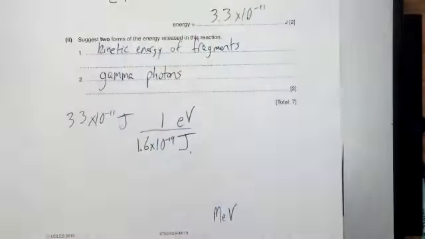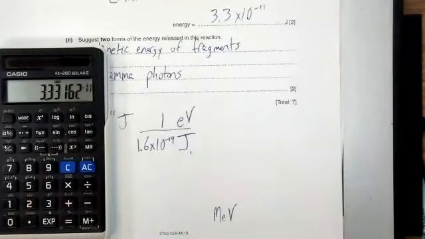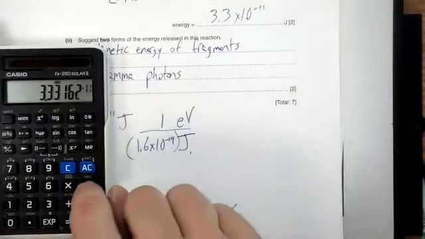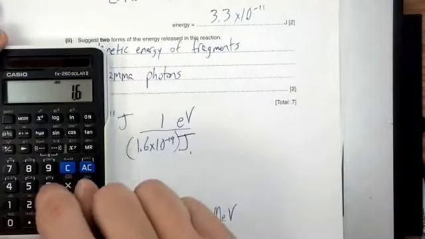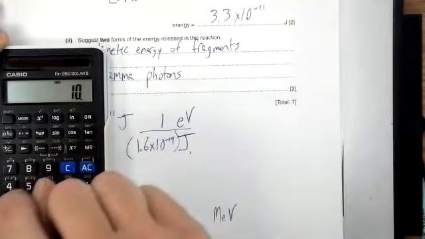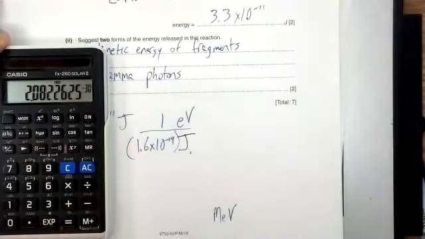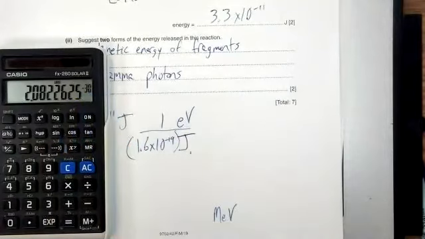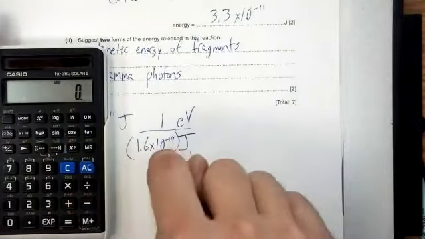So if you don't use parentheses, divided by 1.6 times 10 raised to the negative 19 equals, you get an answer that is 2 something by 10 to the negative 30. Very, very incorrect. We're dividing by a small number.